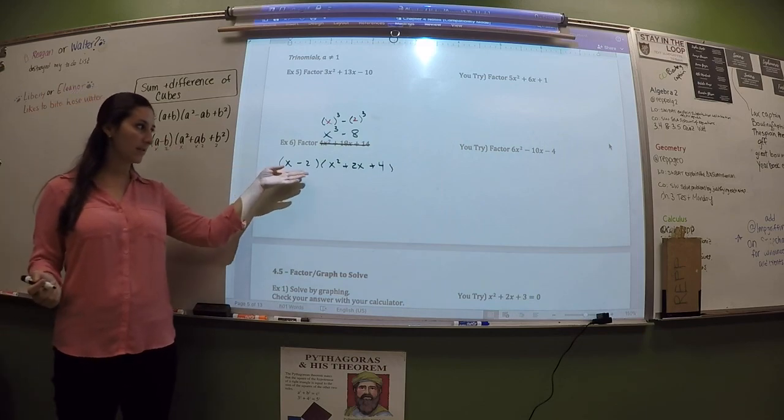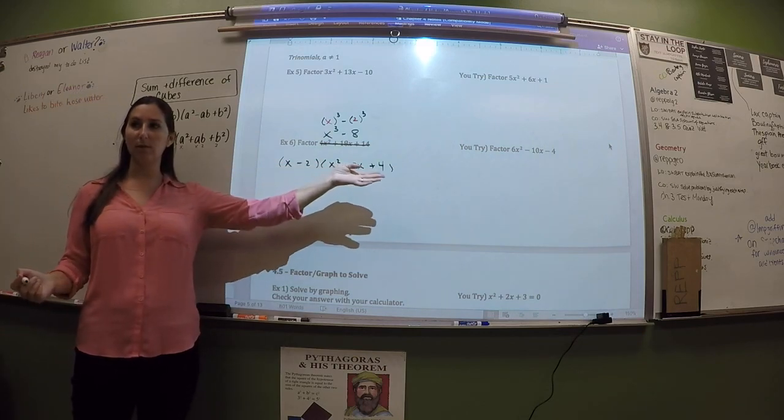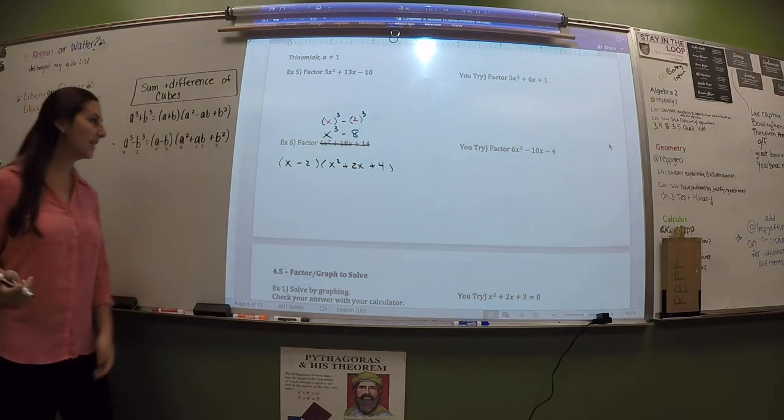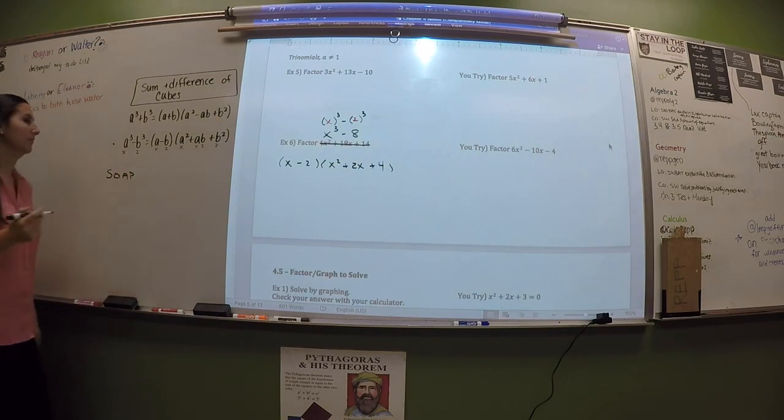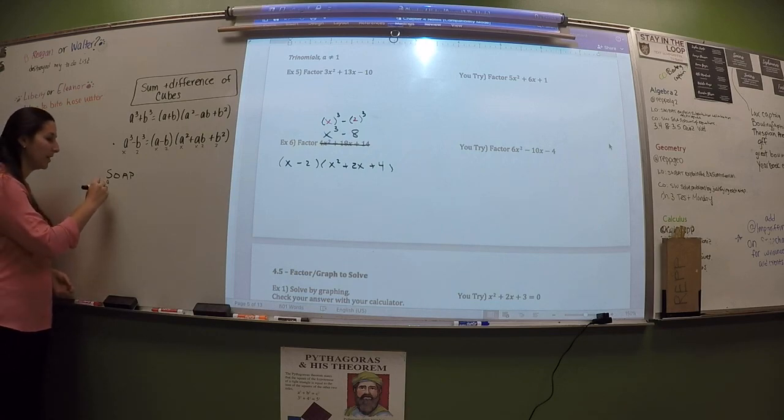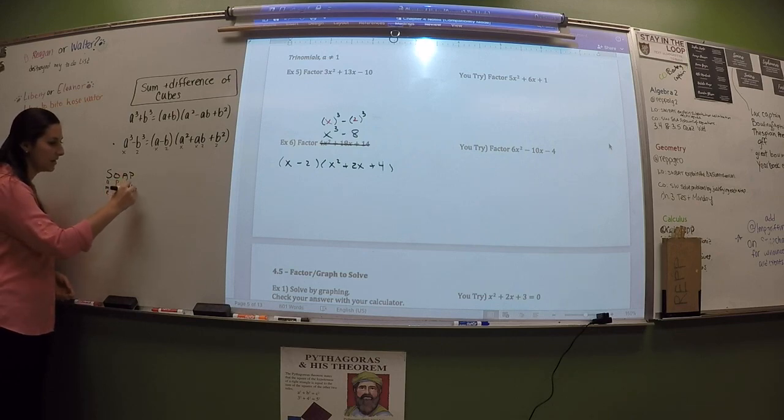So we have a binomial and a trinomial. The binomial is minus, the trinomial is only pluses. There's this thing, it's SOAP. I don't know, I just think it's a little weird. It's something to help remind you of the signs. It's called SOAP because same, opposite, and then always positive.